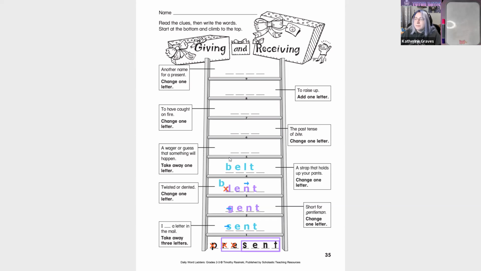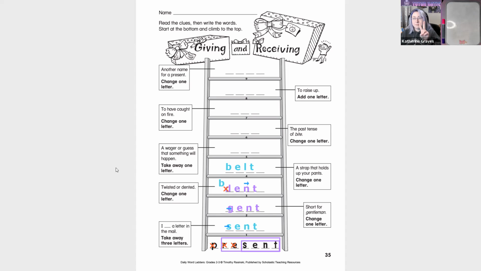A wager or guess that something will happen. Take away one letter. People like to do this with card games. Money. That is sell or bet.